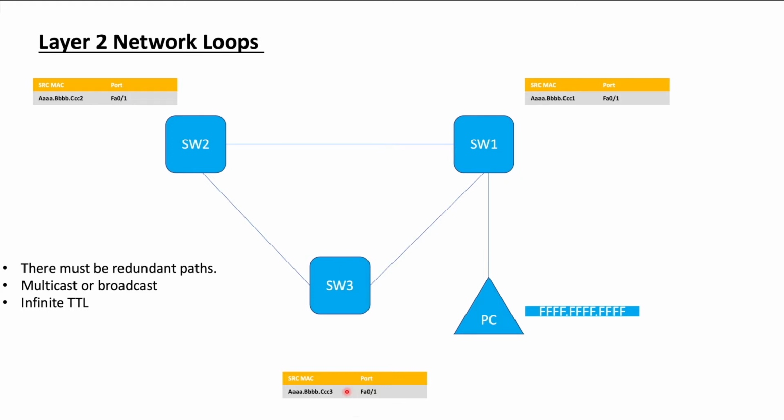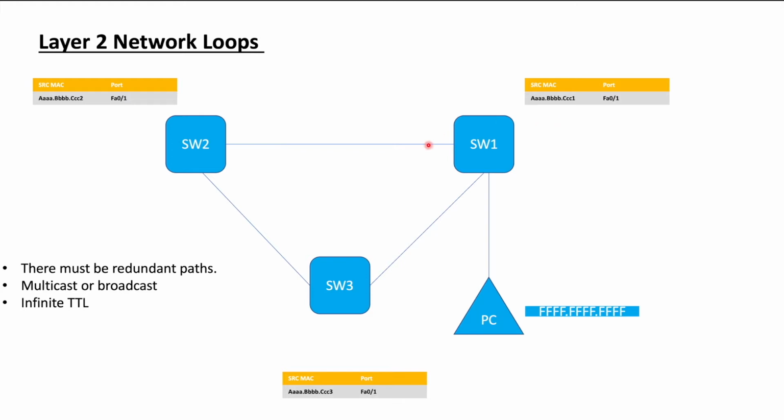For example, if a packet reaches switch 1 with destination MAC AAAA.BBBB.CCC1, which is learned over FastEthernet 0/1, the switch knows that it needs to forward this packet over the FastEthernet 0/1 interface. That is how the CAM table or MAC address table is referred to for all kinds of layer 2 forwarding.